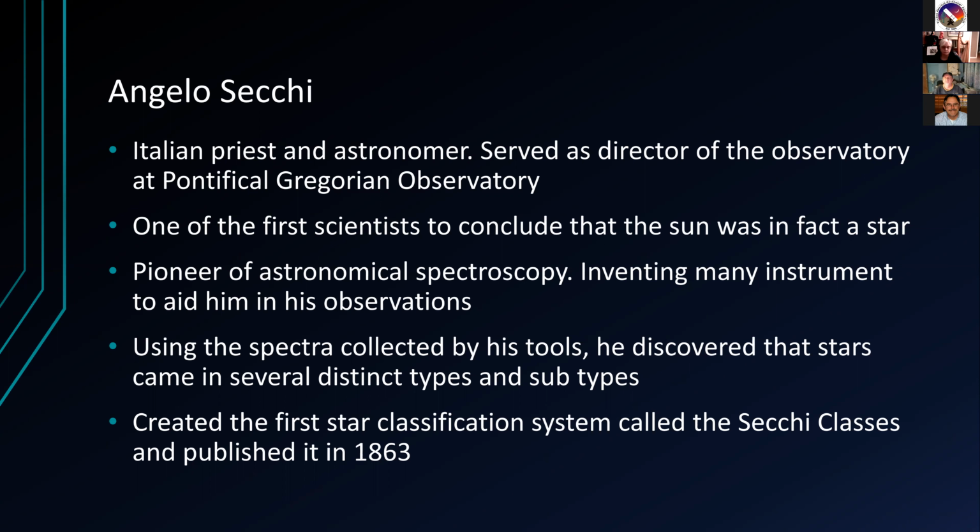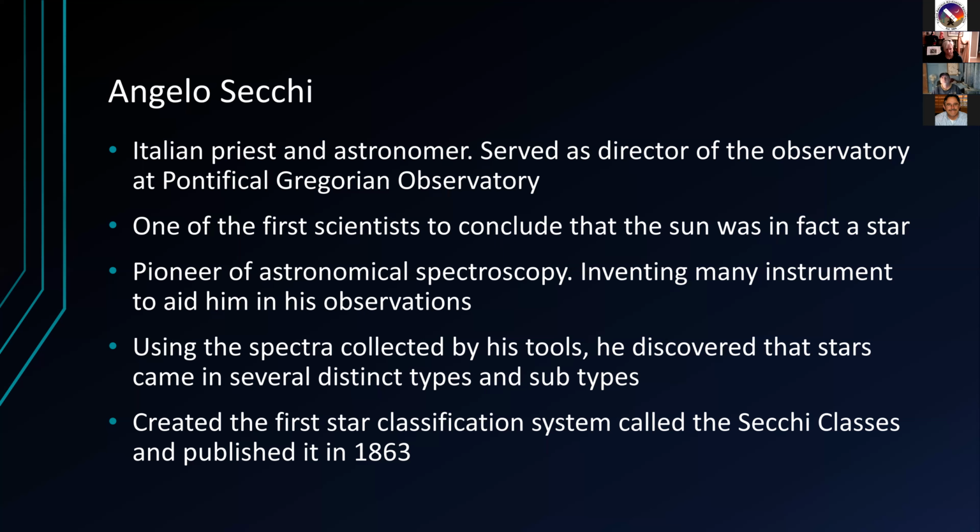Angelo Secchi was among one of the first group of scientists to start pushing the idea that the sun was a star like every other star in the night sky. He was one of the first scientists to use spectroscopy to help study the night sky, and he has several inventions to his name, which for brevity I have not included here, which he used in his research to help investigate the color and patterns of stars.